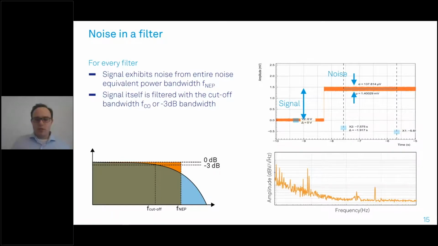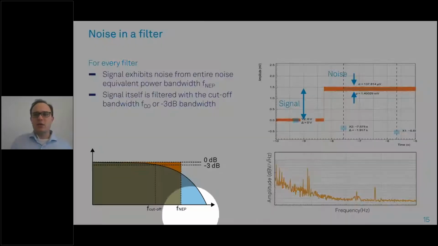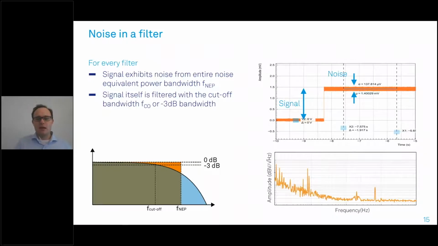Now, for a pure digitized signal, this means the noise of the entire signal going all the way up to the Nyquist limit is in the signal and is on top of the signal, so it contributes to our noise.